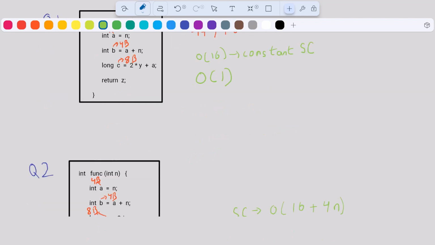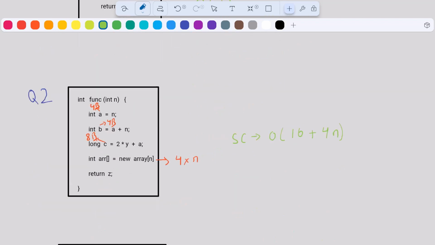Now let's see some other example. In this problem you can see there is an integer variable, a long variable, and then an array whose size will be n only, which is given in the input. For an integer, 4 bytes will be there, and for a long, 8 bytes will be there.